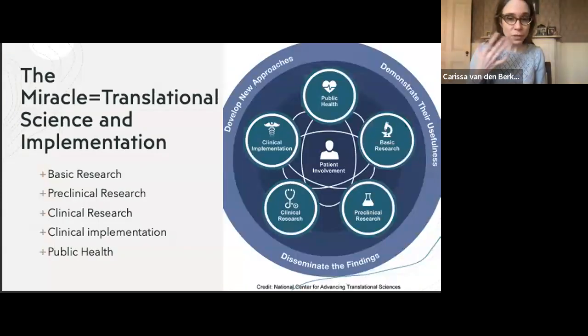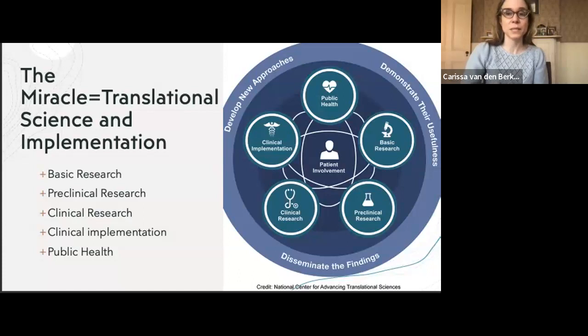This is why there is what we consider to be a translational science spectrum. The translational science spectrum represents each stage of research along a path from the biological basis of research and disease to interventions that improve the health of individuals and the public.